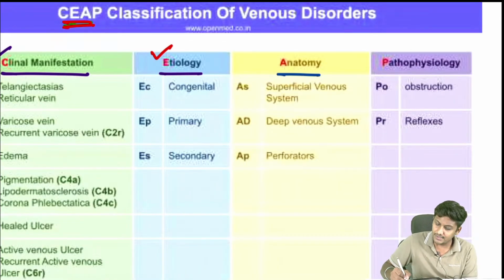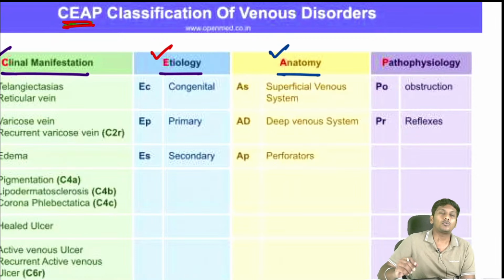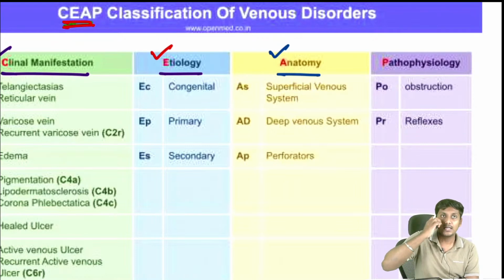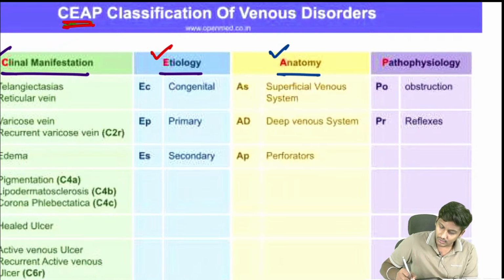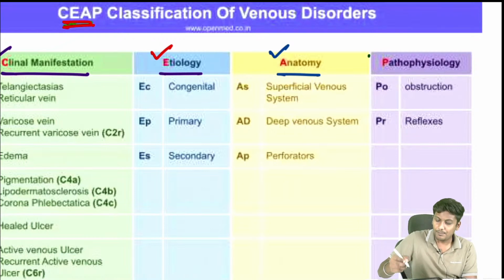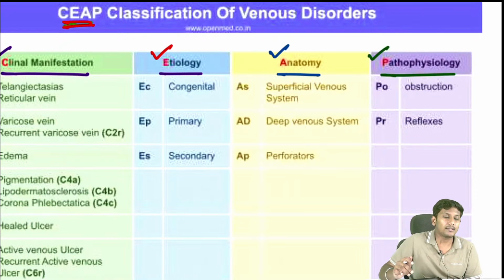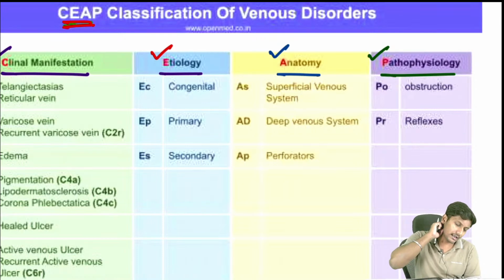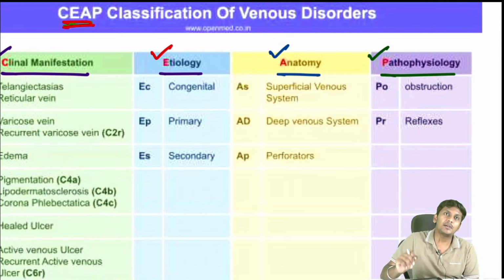And the last one, P stands for pathophysiology, that is, due to what the varicose veins developed. That will be called the pathophysiological classification. Important is that only the clinical classification is what questions have been asked on.